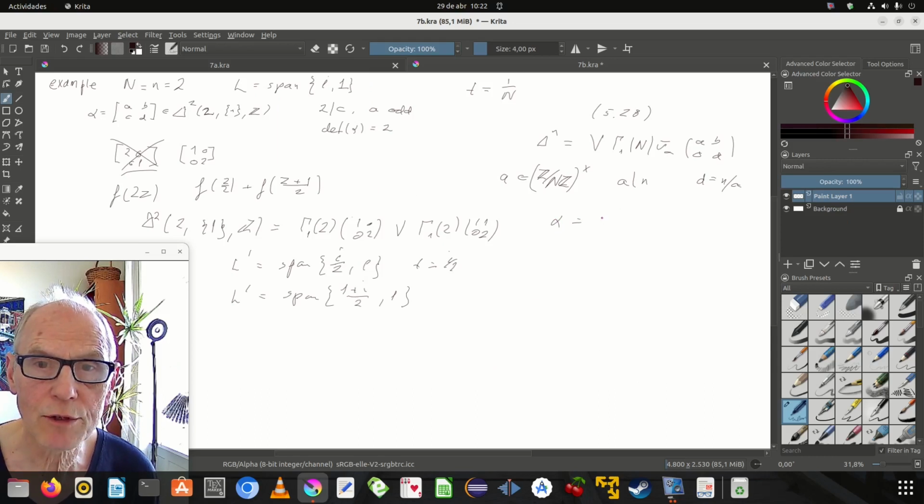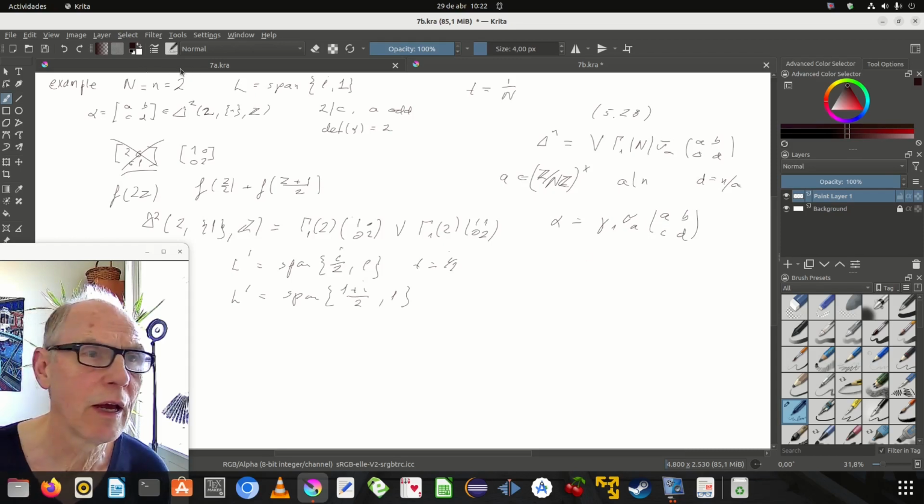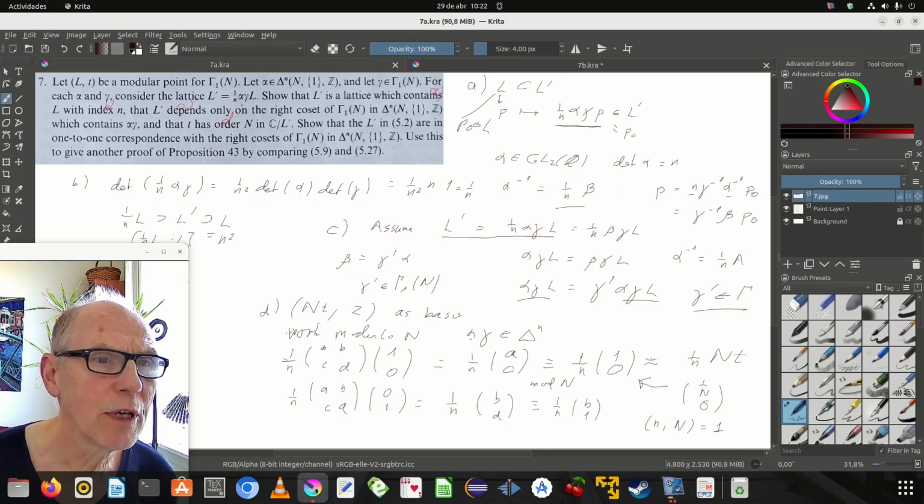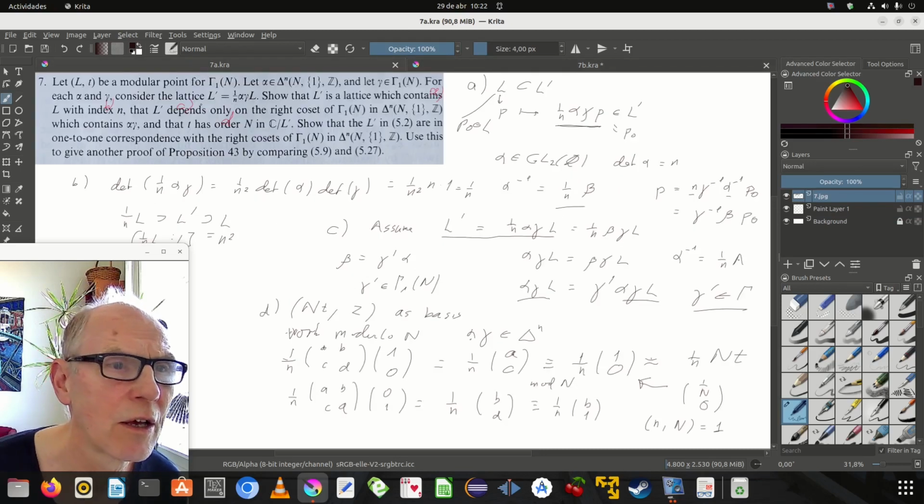Alpha equals gamma 1 sigma A and then we take, is that gamma even relevant?